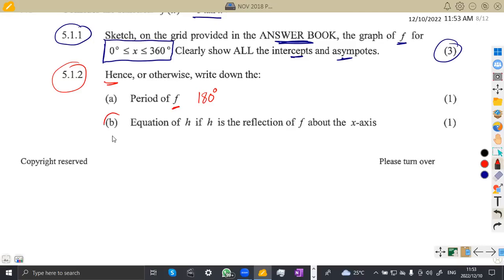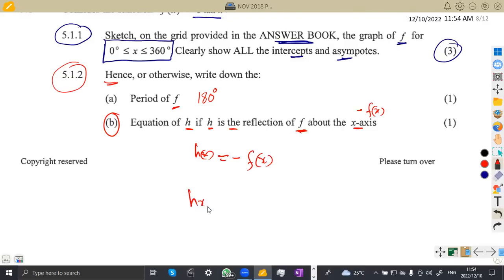B, the equation of h, which is a reflection of f about the x-axis. If it is a reflection, what you need to know is that for a reflection in the x-axis, you multiply f of x by a negative. That means h of x is equivalent to negative f of x. That's a reflection in the x-axis.